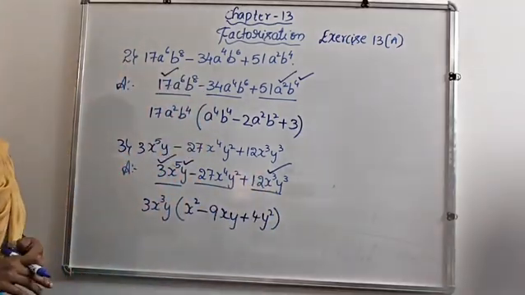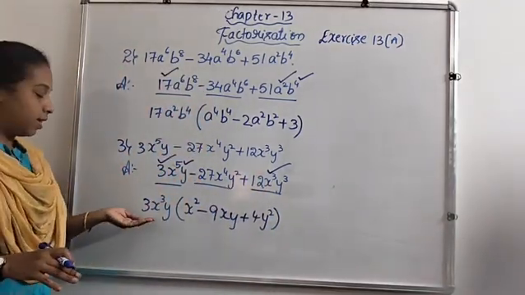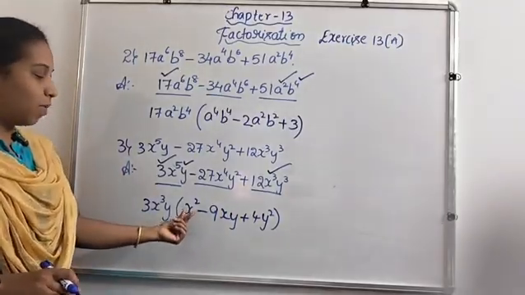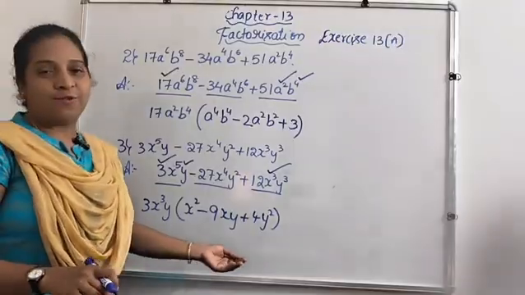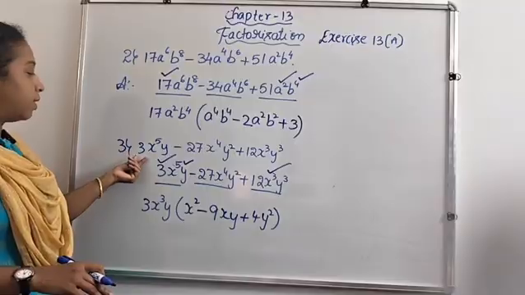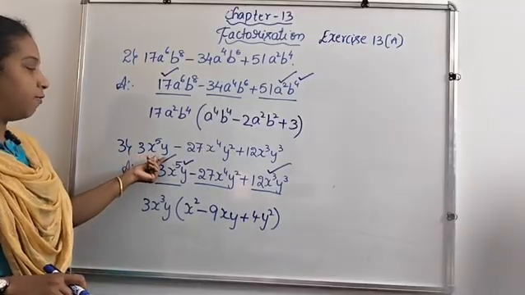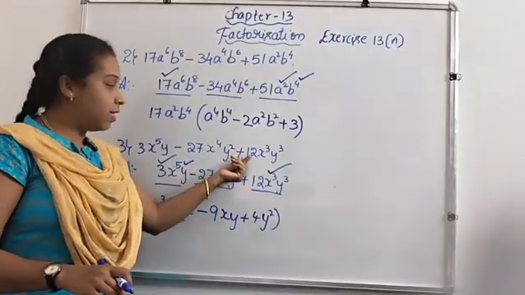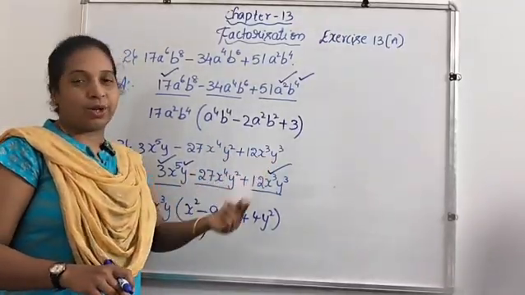Then close the bracket. So 3x cube y into (x square minus 9xy plus 4y square) are the factors of 3x to the power of 5 y minus 27x to the power of 4 y square plus 12x cube y cube.